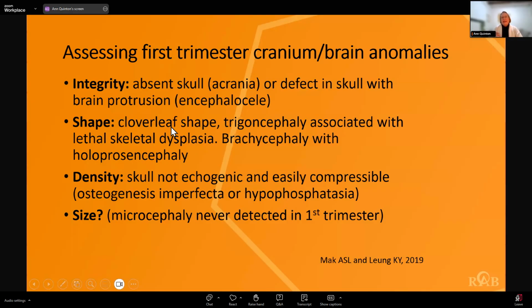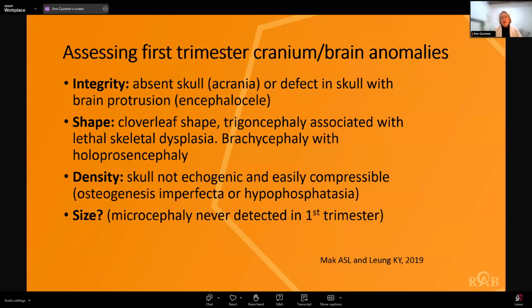And in this case, we're only really going to see abnormal shaped head with lethal skeletal dysplasias, so the cloverleaf shape or trigonocephaly. And when you see those abnormal shaped heads, if it's a lethal skeletal dysplasia, you'll see very short long bones, and you'll see a very small chest, and the fetal abdomen will appear to be quite huge in relation to the chest because the chest is so small.